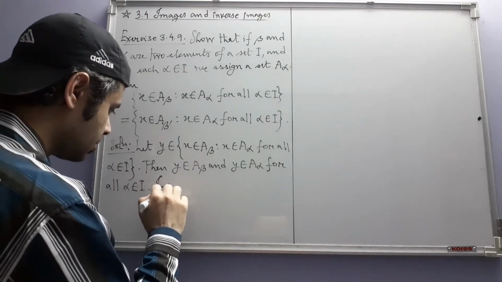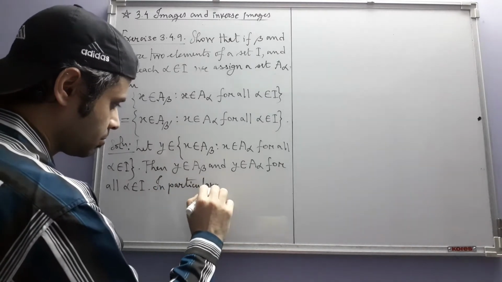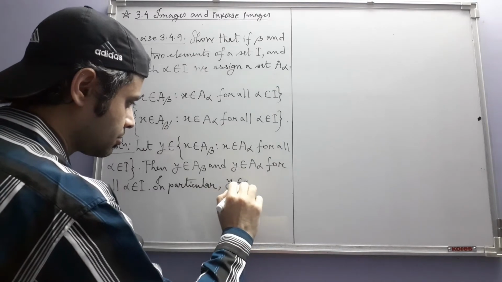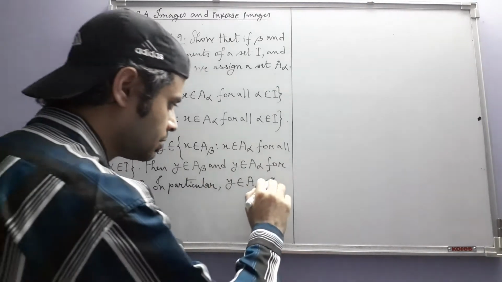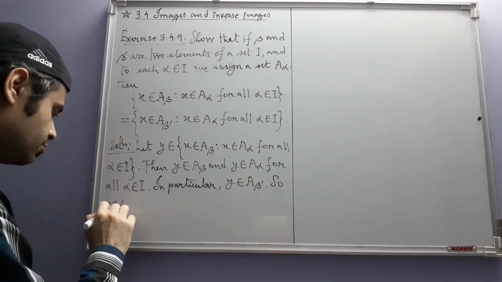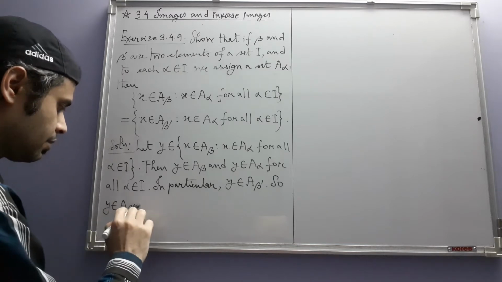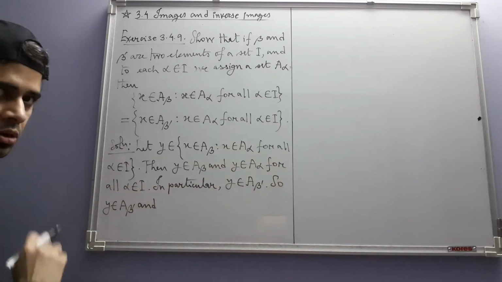In particular, y belongs to A beta prime. So y belongs to A beta prime, and this continues to be true, y belongs to A alpha for all alpha.